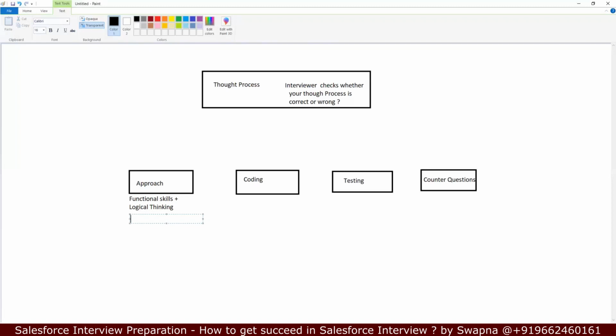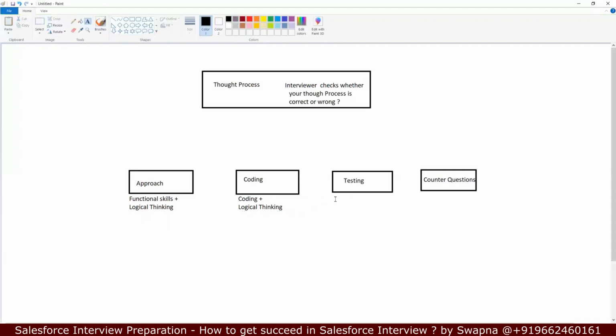They look at how good you are at functional skills and how good you are at logical thinking. Coming to coding, coding is the combination of your coding skills plus logical thinking.